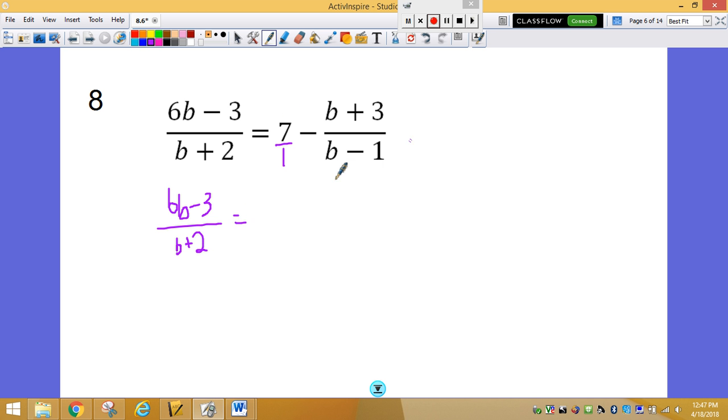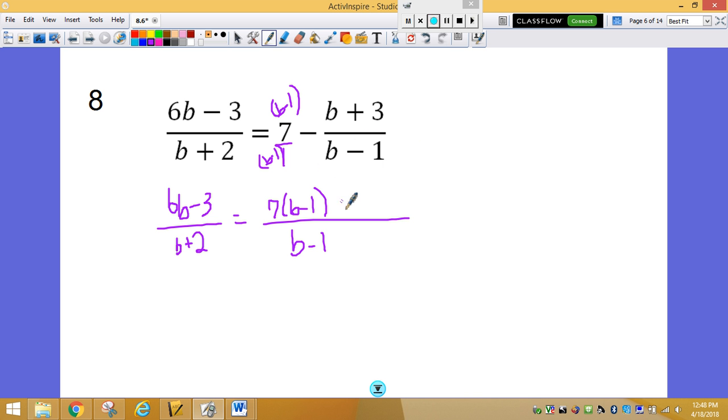On the right-hand side, we got to subtract these fractions. So my common denominator is going to be b minus 1. This, I got to multiply by b minus 1. And if I do it on the bottom, I also have to do it on the top. So I'm going to get 7 and b minus 1.